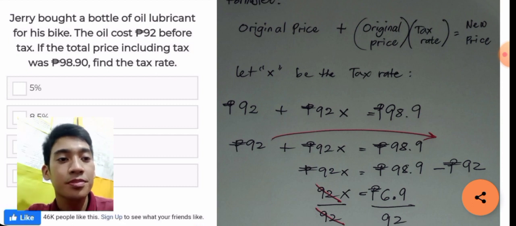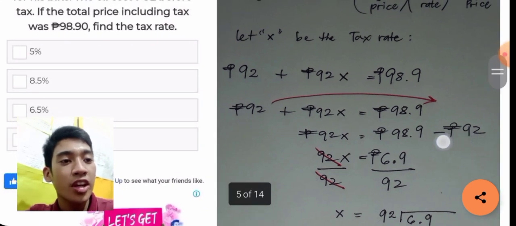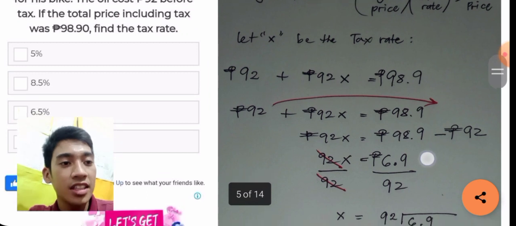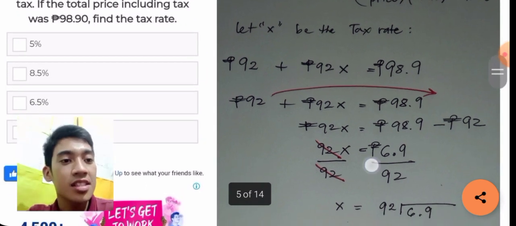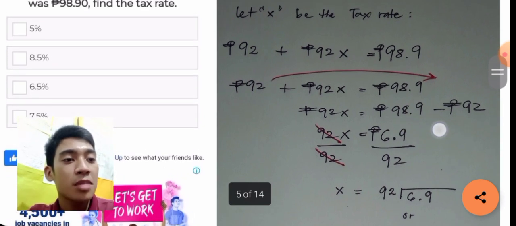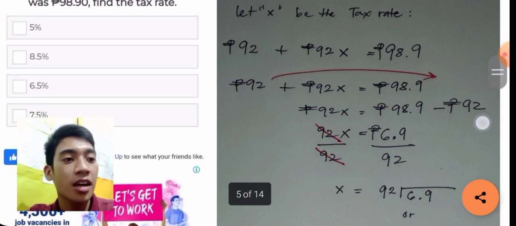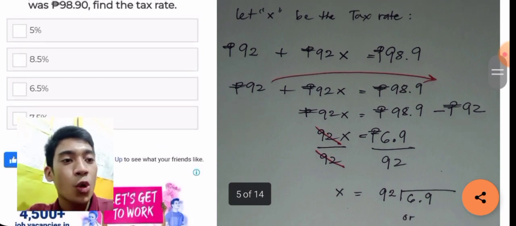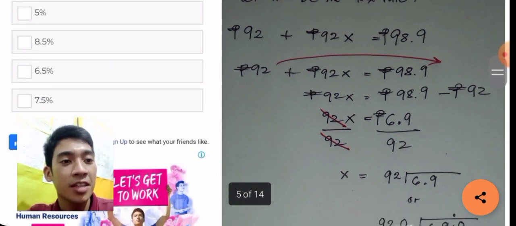Now transpose your 92 pesos together with 98.9, leaving 92x equals 98.9 minus 92, because from positive it becomes negative. So 98.9 minus 92 will give us 6.9.